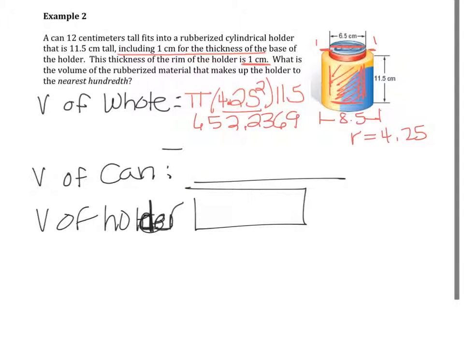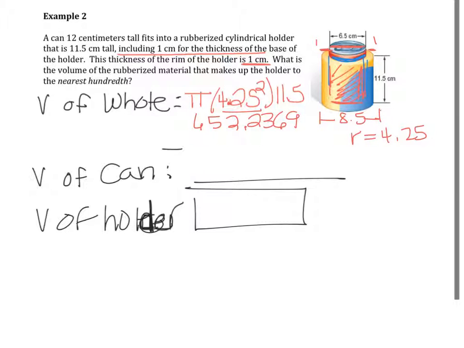Now, as far as the volume of the can, I'm going to use the same height of 11.5. I'm not going to use the 12 centimeters because it's the volume from here down that I'm worried about.